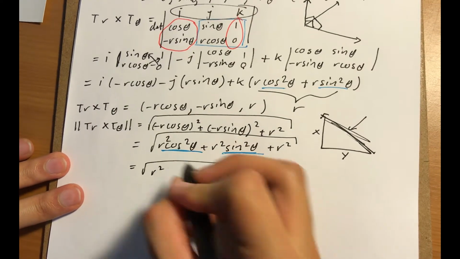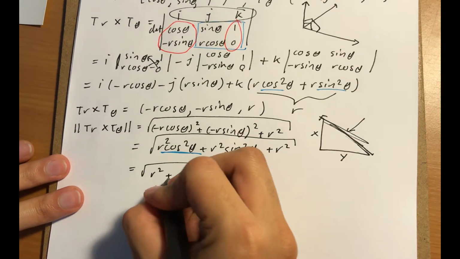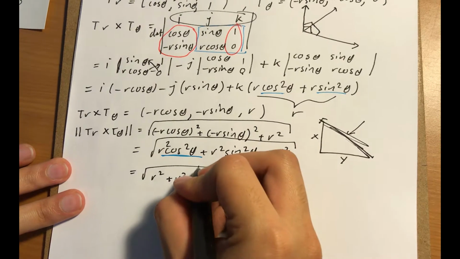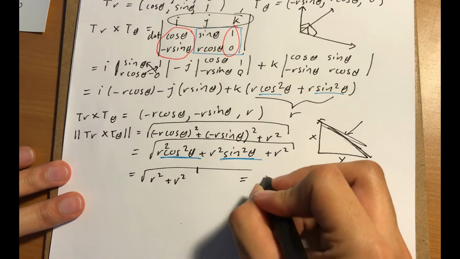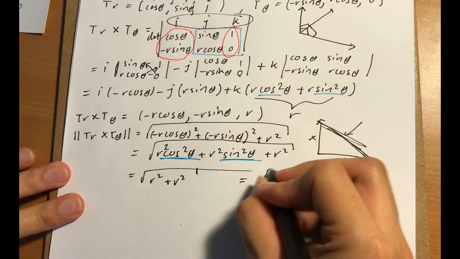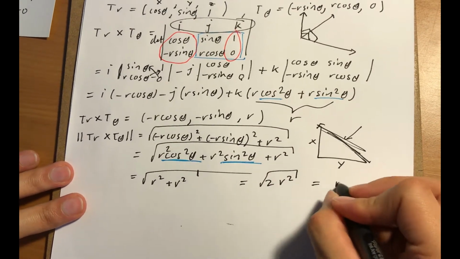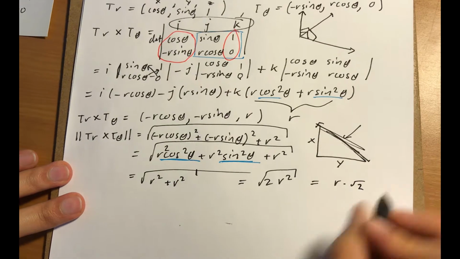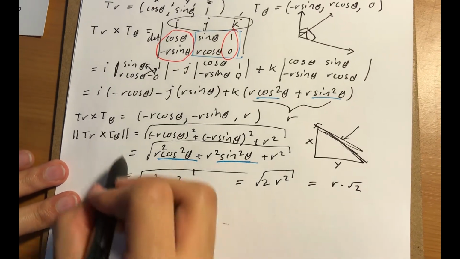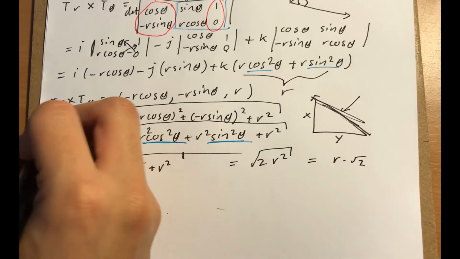So we just have the r squared, and then we still have this r squared over here. This right here is 2r squared in the square root. We keep going. That's r times the square root of 2. So this right here is what I was solving for.